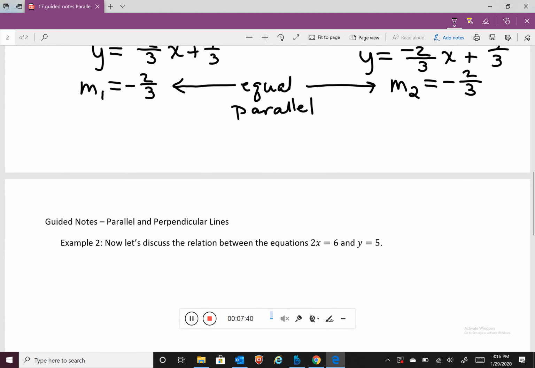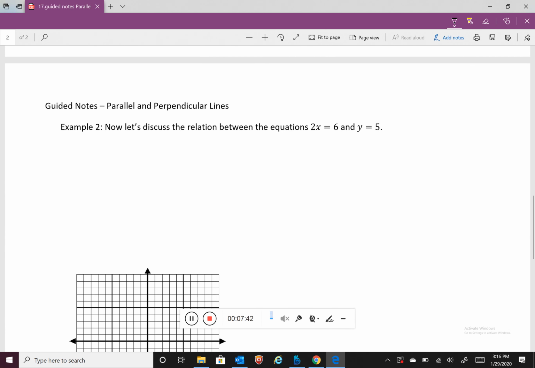I wanted to spend just a little bit of time with you remembering special lines. Let's look at 2x equals 6, which simplifies to x equals 3. Does anyone remember what kind of line this is? What does it look like?